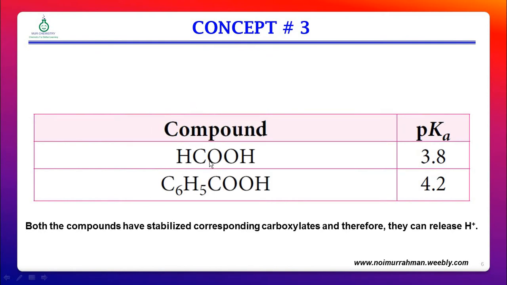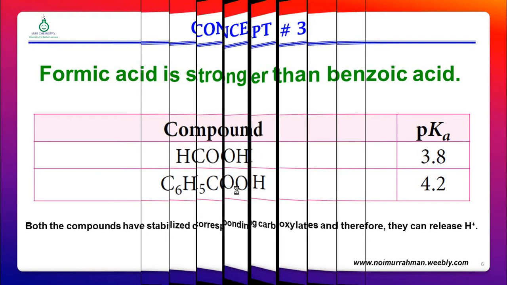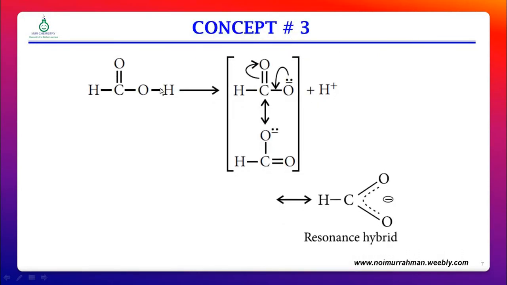If we compare the acidity between formic acid and benzoic acid, we can come to a conclusion that formic acid with a lower pKa value is more acidic as compared to benzoic acid. Take formic acid molecule. Let's remove this hydrogen as proton.